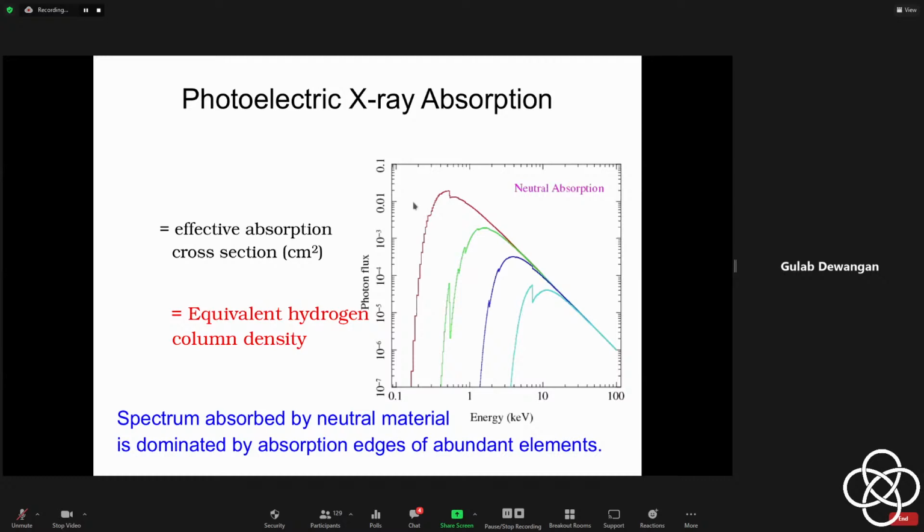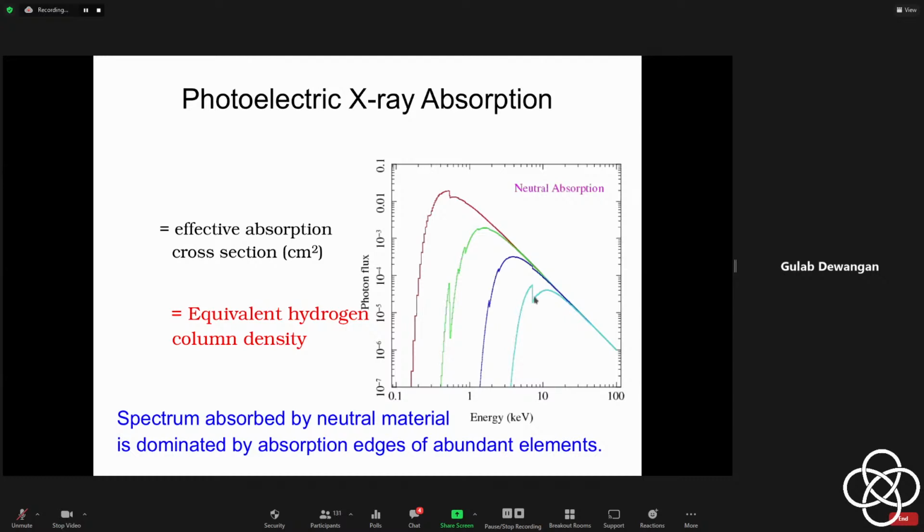So what is happening here? Well, of course this absorbing material has various elements, and each of these elements results in absorption edges. For example, you see here in the green curve, this absorption edge at around 0.6 keV is due to neutral oxygen, and at around 7.1 keV, you see the absorption edge due to the iron K shell.